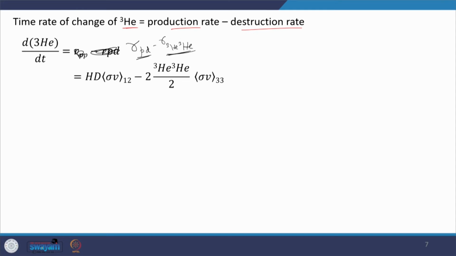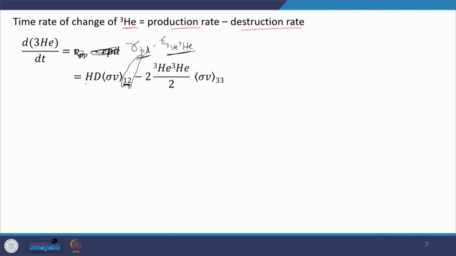P is proton with mass number 1, D is deuterium with mass number 2. So, instead of P, D and helium-3, I am using the mass numbers in the subscript. Please be careful with this transition from symbols to numbers.